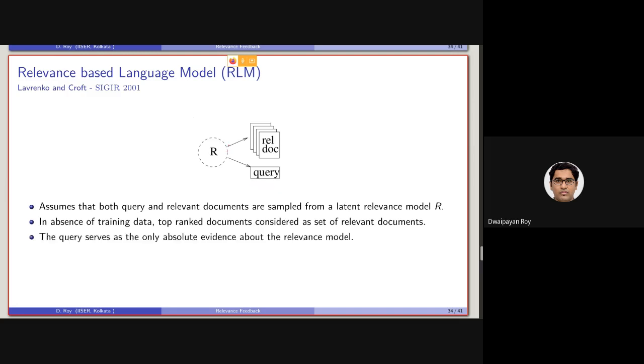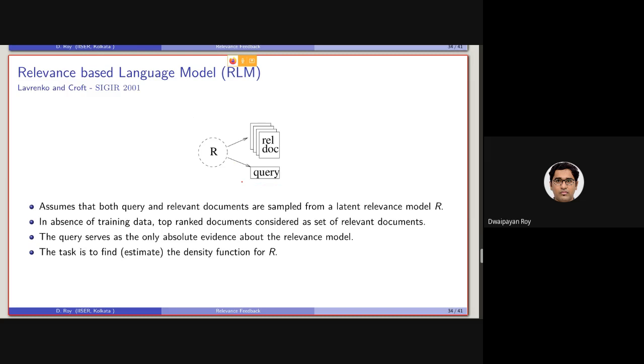Now, where we are considering this as the pseudo-relevant document set, the only absolute evidence of this R is the query. That is, we can definitely say that this query, that is, say Q1, Q2, Q3, is being generated from this R, from this relevance model, from this probability density function.